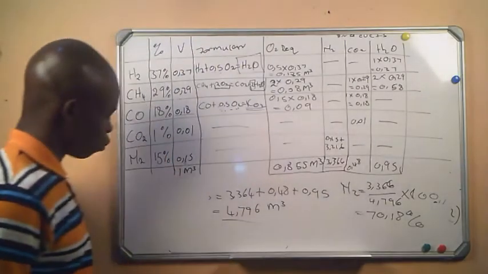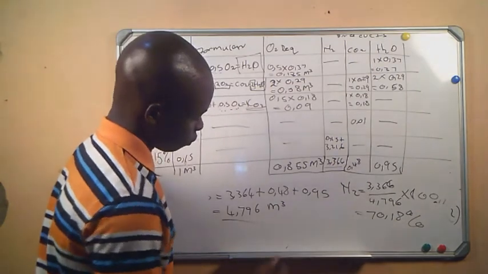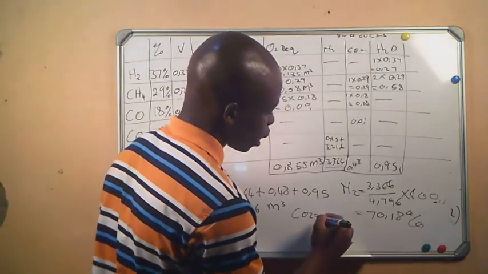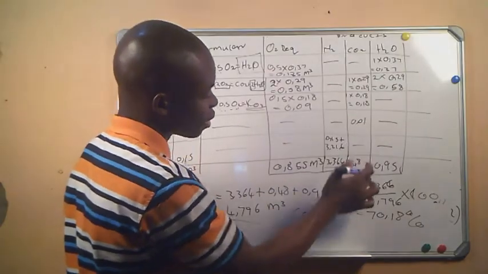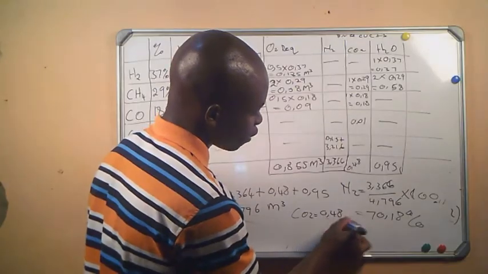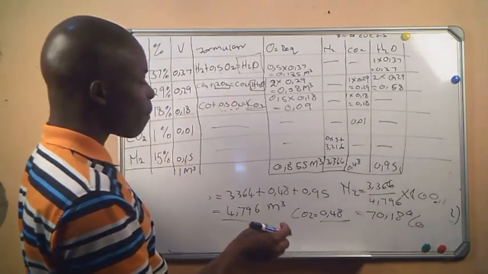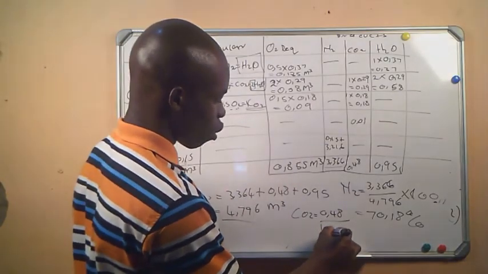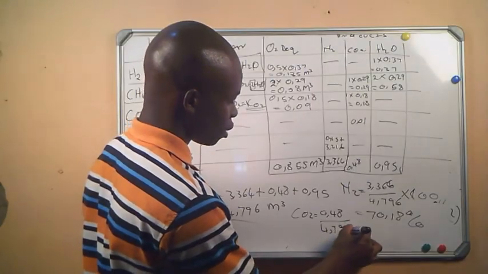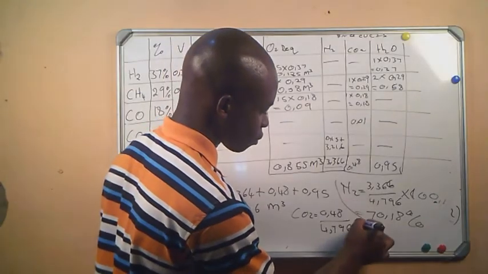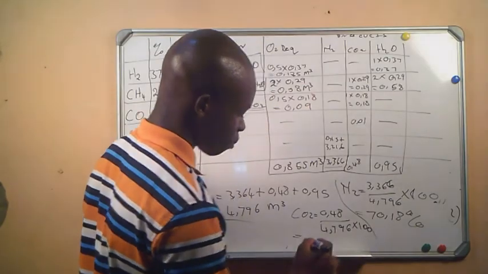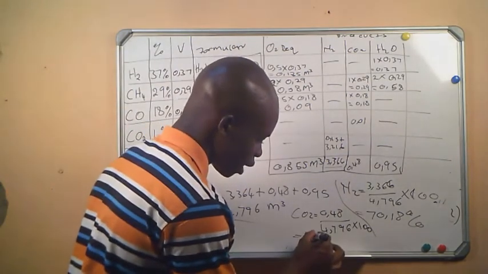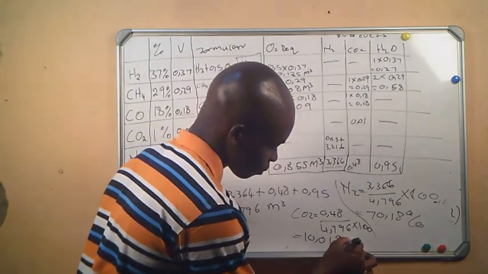This is for nitrogen. Let's also do carbon dioxide. You know that the total amount of carbon dioxide is 0.48 divided by the total volume of the product of combustion, which is 4.796, times 100. And then I get that my percentage for carbon dioxide is 10.01%.